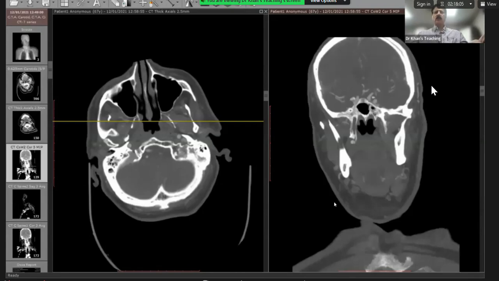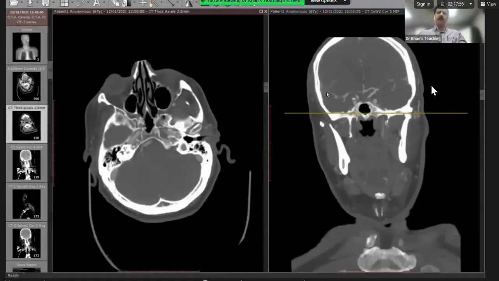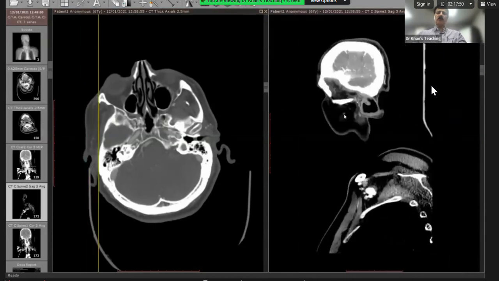Can you see my DICOM viewer? Yes, I can. Okay, so let's go through this anatomy once again. Let me put in a sagittal there instead of a coronal.